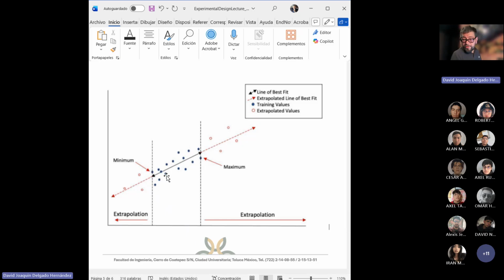But it is not so correct to extrapolate, okay? To try to predict values that are outside the range that I established at the beginning. So for instance, if this value is the minimum and this value is the maximum, all the blue points here are correct, but the red ones on the left-hand side or the right-hand side are extrapolated, and it is not correct to use these values, okay?